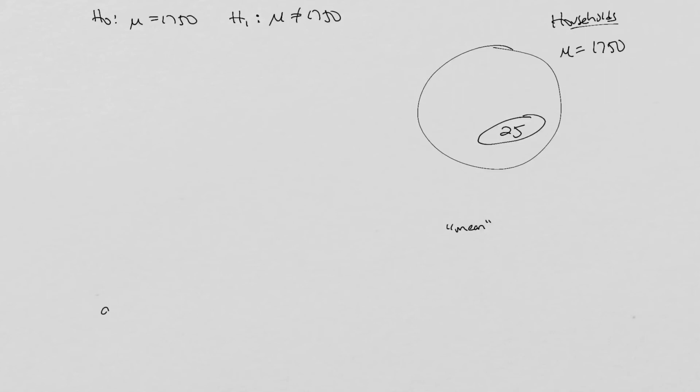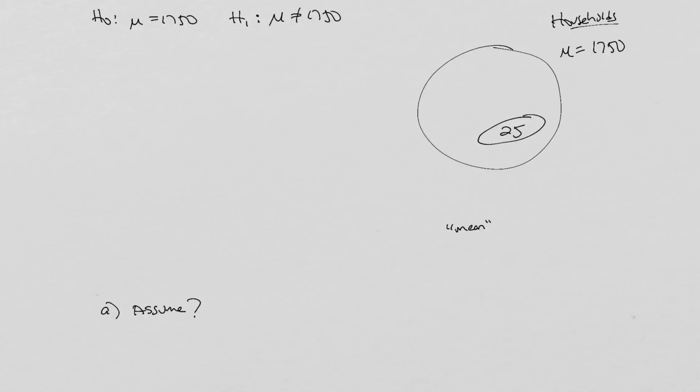One of the questions we're asking in part A is, what do we have to assume in order to do this? Well, we're not told anything about this population other than the average is 1750. So we don't know if it's normal or not. To go through this process, we either have to take really big samples, 30 or more, which we're not doing, or it has to be a normal distribution.